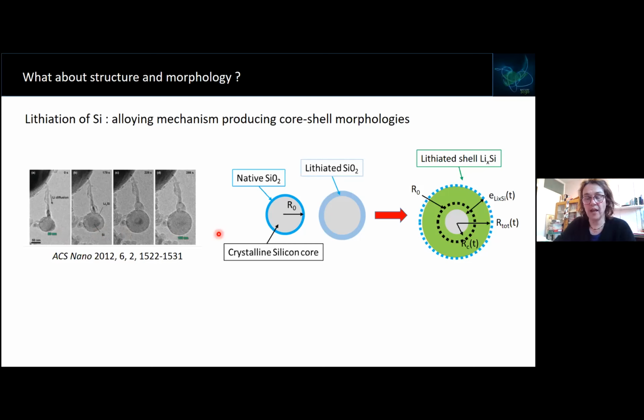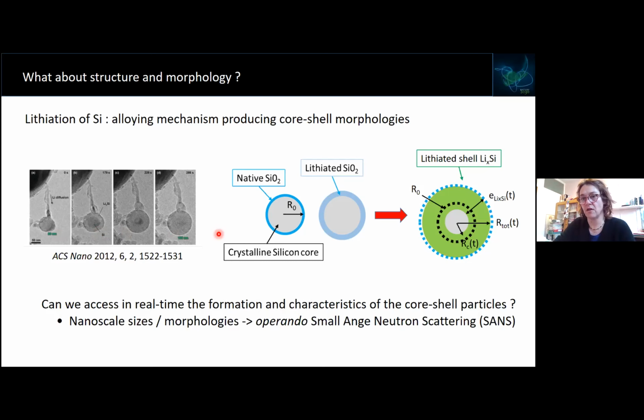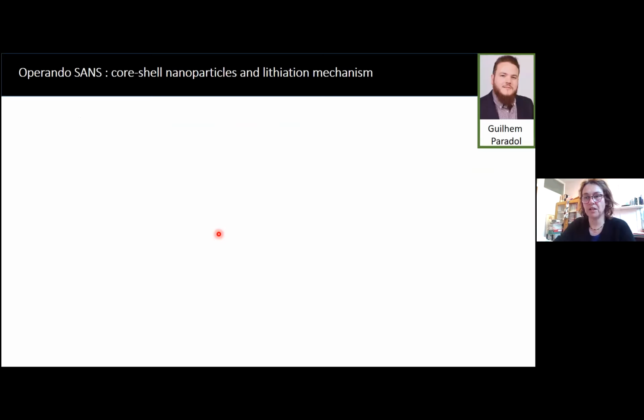So the question we have on our side is, can we measure in real time the characteristics of such core-shell particles in terms of sizes, dimensions, but also composition of the shell? And yes, we can if we use a technique that is called small angle scattering, in particular small angle neutron scattering, which I will show you in a minute.